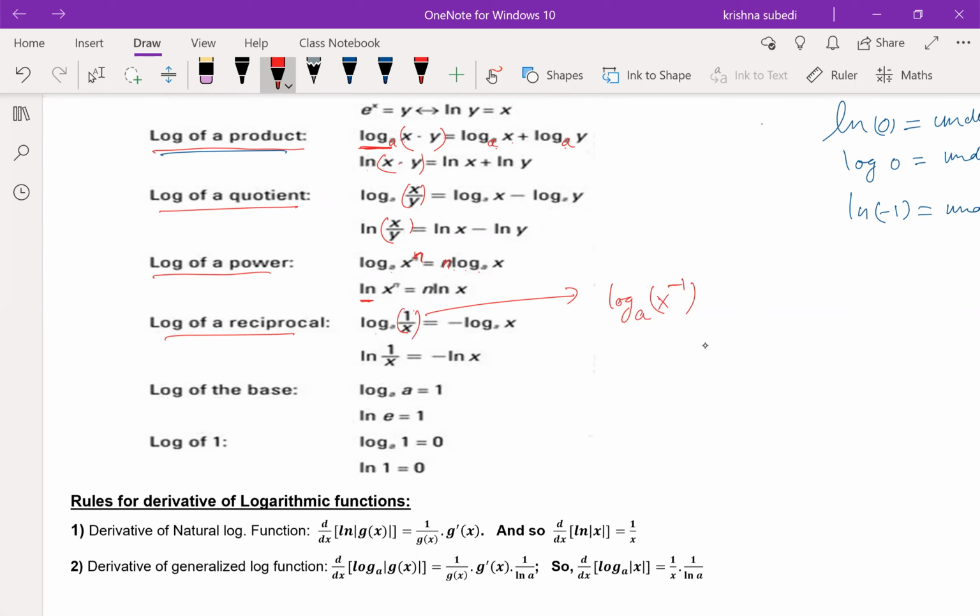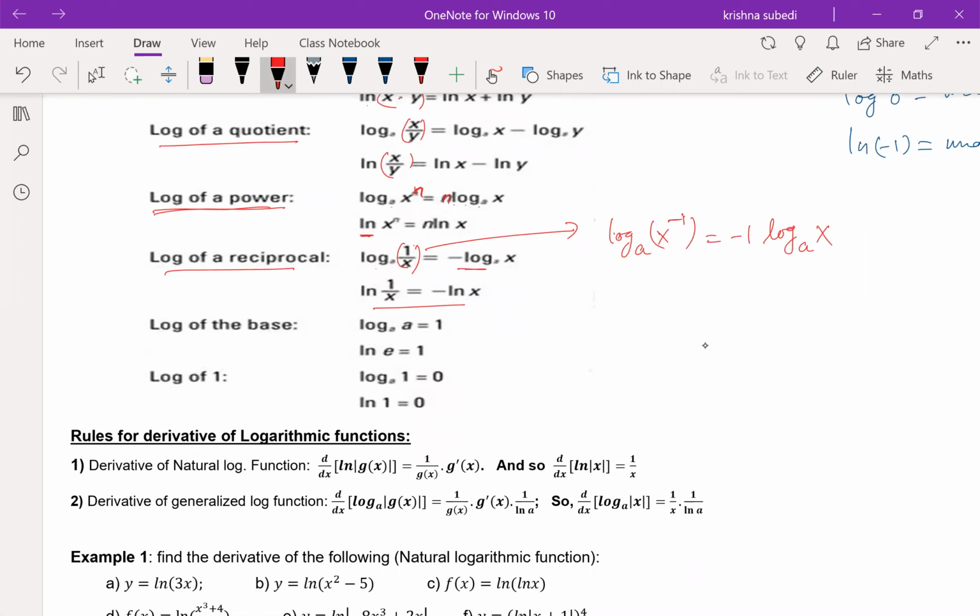Using the log of a power, you can write this power at the beginning, -1 times log to the base a of x. Same rule applies with natural logarithm. Log of the base: log to the base a of a, you see the base a and a, it will be 1.